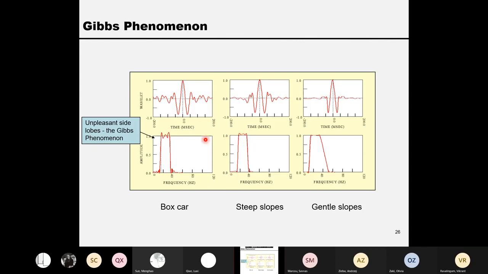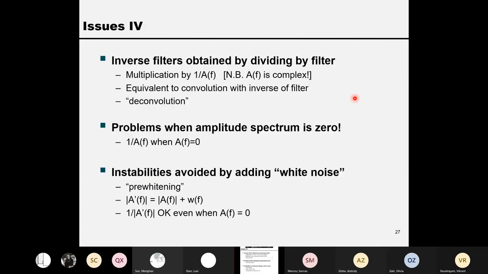This one is better than the first one, but the filter has steep slopes, so you can see they still have some ringing on the left and the right. Ideally, you should have a time domain wavelet like this, with a clear peak and a clear trough, and all the rest having a very small amplitude. That's the important feature of a filter.